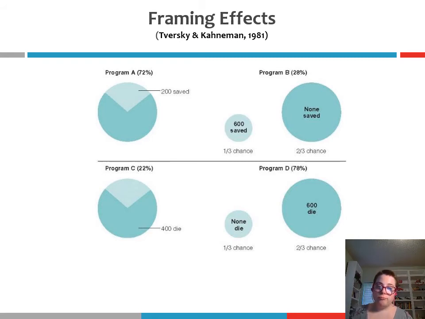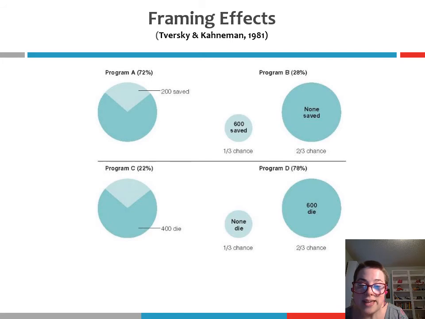Okay? So framing effects just mean the way that the choices are stated, whether they're stated in terms of gains or losses, is going to determine what we choose, even if the number of deaths or the outcomes are identical. Okay?